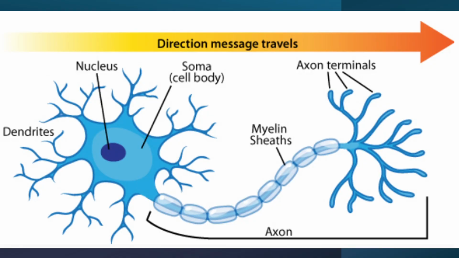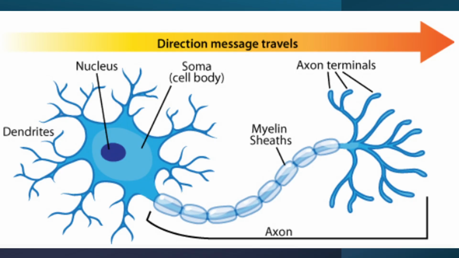Now, we've covered everything. Let's go on a quick recap. And before the quick recap, as we can see, I didn't mention it, but we have something called myelin sheaths between the axon hillock and the axon terminal.